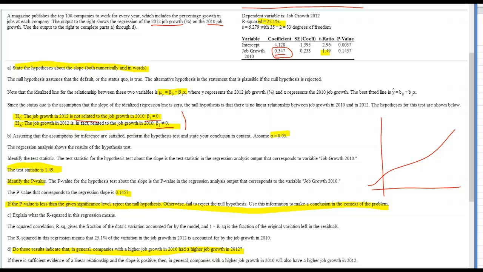This is a little different from the null hypothesis rejection test, so you want to be careful to understand the difference. This part depends solely on whether this is a positive or negative value. The rest of it, the p-value compared to your level of significance, is what will tell you whether you reject the null hypothesis.